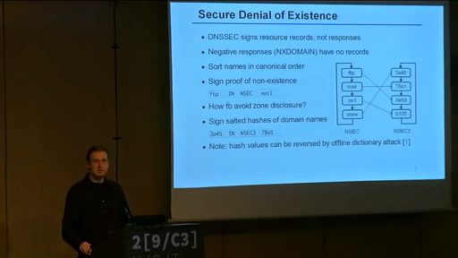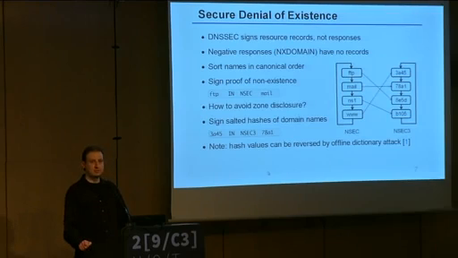Okay, now how can we avoid zone disclosure? There is another mechanism, NSEC3, and this works the following way. You don't disclose the domain names, you disclose hashes of the domain names. So you hash all the domain names in your zone, and then you sort by the hashes, and then you give the following answer.